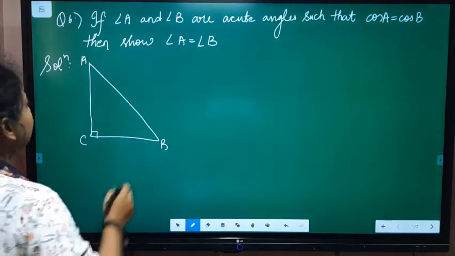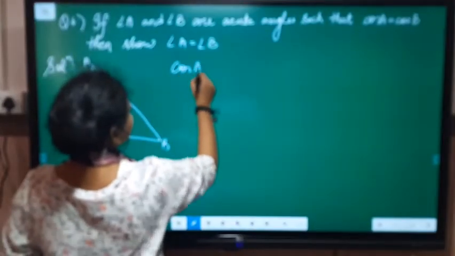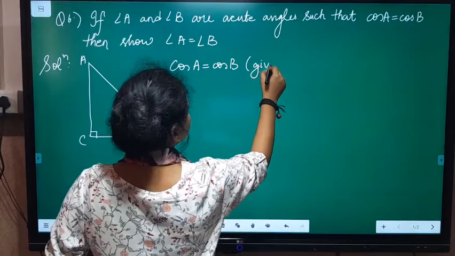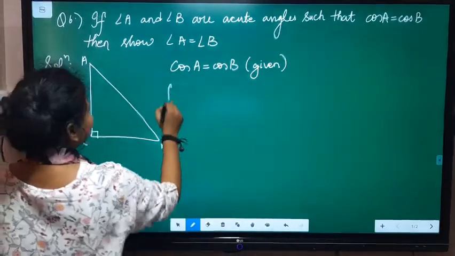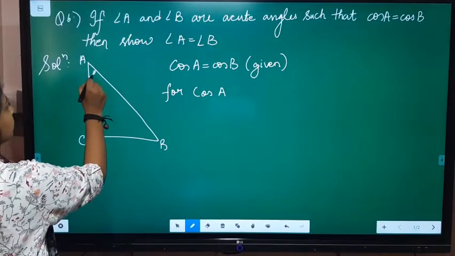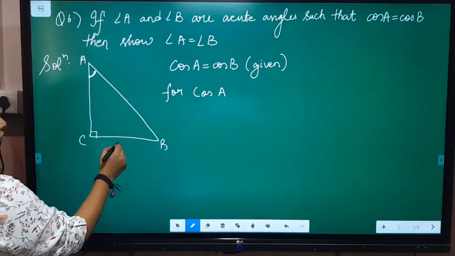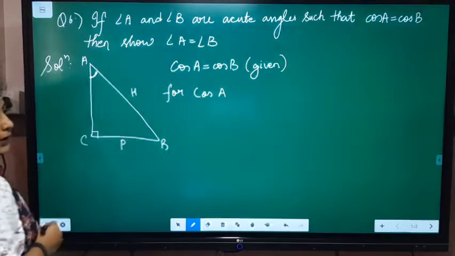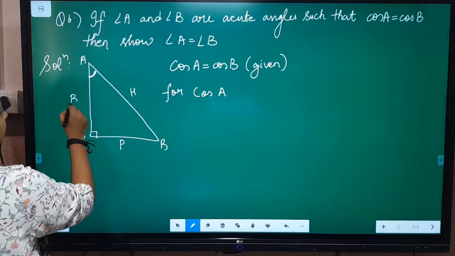Here we have been given that cos A equals cos B. This is given in the question. For cos A, for this angle, the side opposite to this angle would be the perpendicular, the side opposite to 90 degrees would be the hypotenuse and this side would be the base.